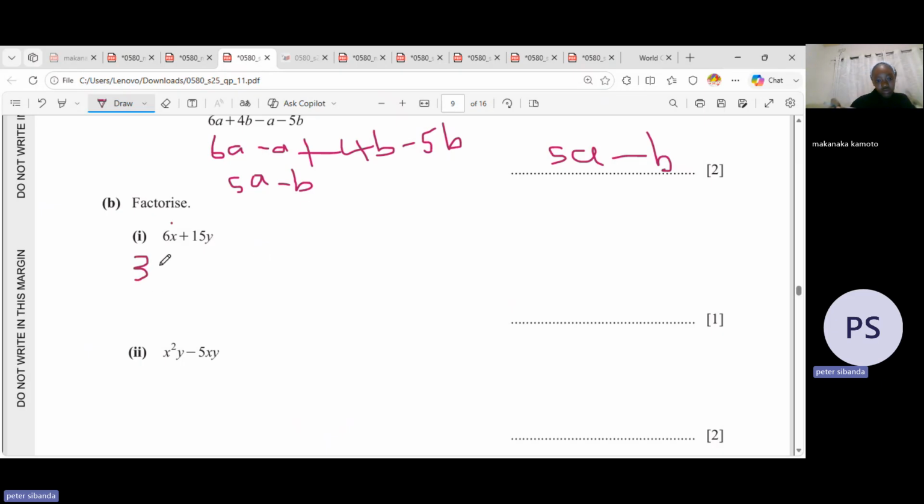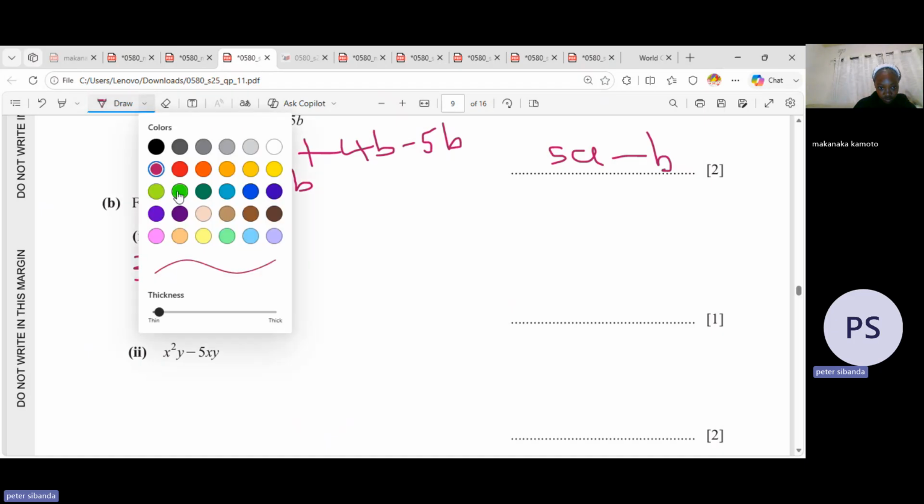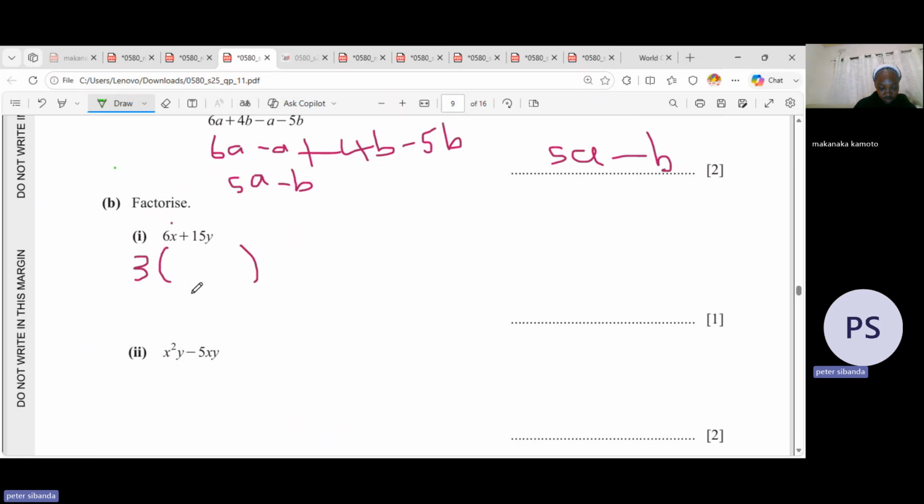To factor it out is to write it out here and we open a bracket. We must know what has to remain in the brackets once we factor out 3. What I always teach my students is to silently divide by what you factored out. So you don't come here and divide, but silently, where there's 6x, you divide by 3. 6x divided by 3 gives you 2x, because 3 into 6 is 2, and the x remains aside.